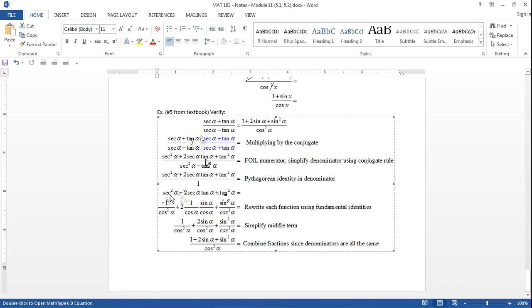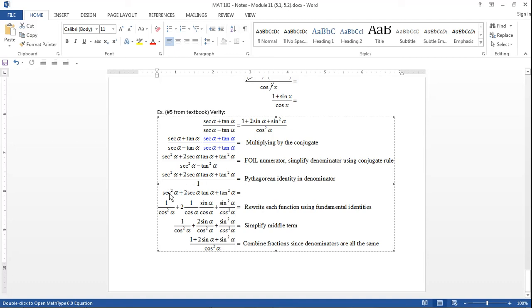So now I've got this. It doesn't quite look like what I've got over here on the right, but I recognize this is only written in terms of sine and cosine, and since that's one of my favorite things to do anyway in trig, I'm going to try to rewrite each of these as sine and cosine. I'm going to do that using my fundamental identities there, the reciprocal identities.